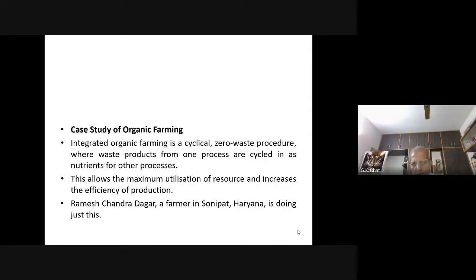For example, with regard to paddy, once you harvest the paddy and make rice from it, the straw or the roots of the paddy are considered as crop residue.